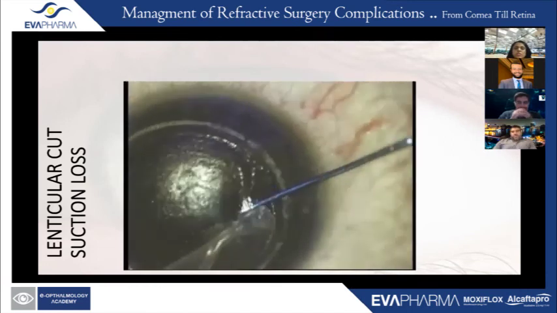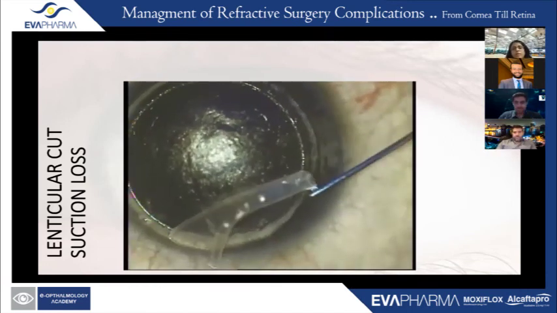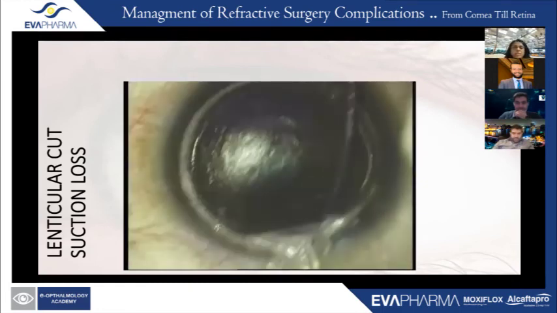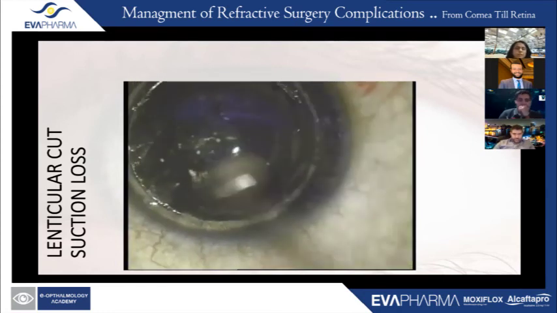So these are things that you have to be careful about, and this is also the reason that if the lenticular cut has exceeded more than 10%, you do need to convert into a femtolasik flap, because you wouldn't want such things happening over the pupillary axis.